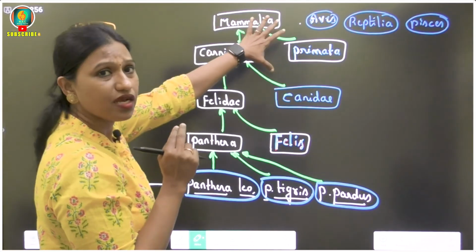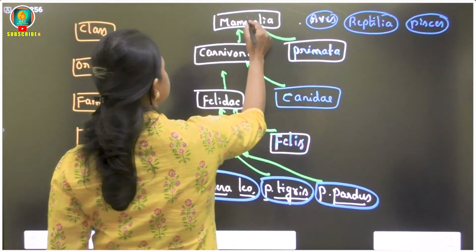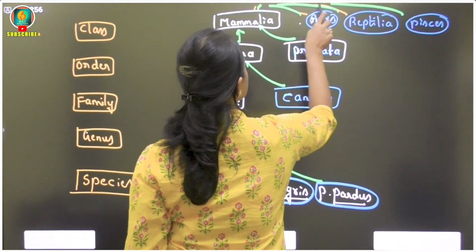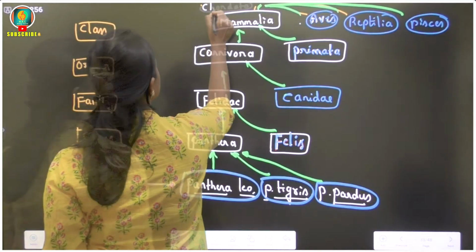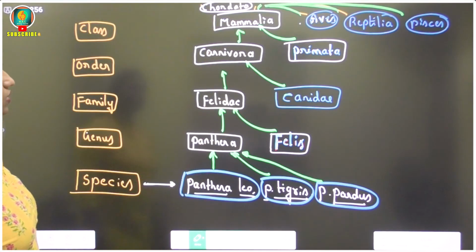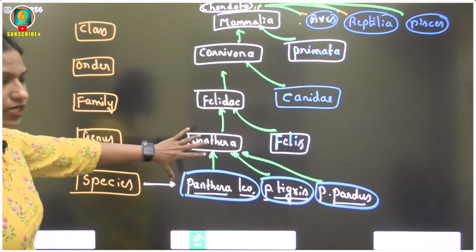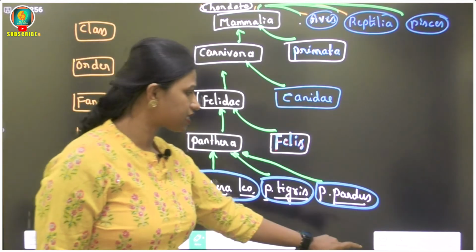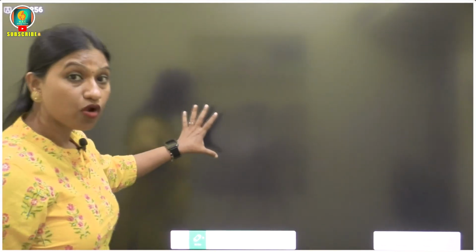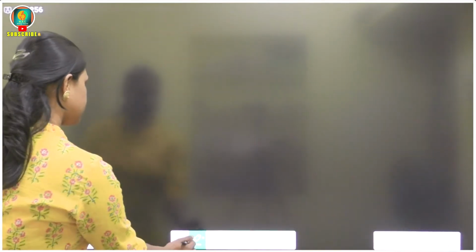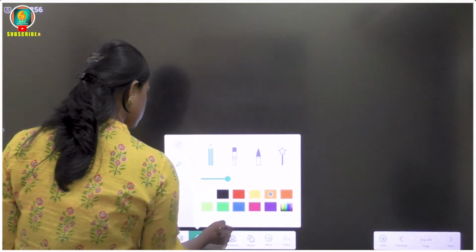All are in the same phylum. So what is this phylum? This phylum is nothing but Chordata. Let me write together. Hope you are understanding. Let me rub this or take a different slide to write because I'm not getting enough space here. Let me write in small.